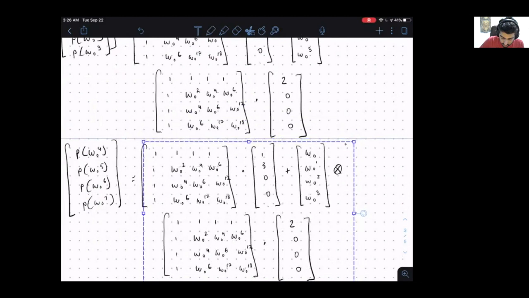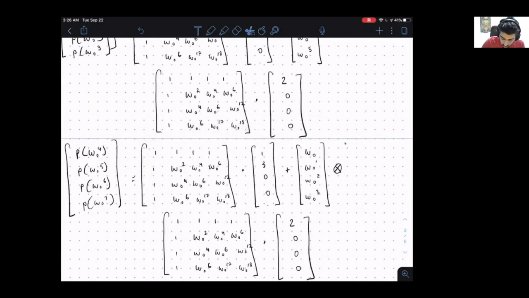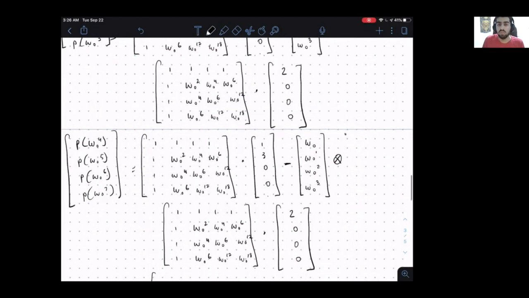This is the exact same computation, except I'm just putting in a minus sign here, since I'm subtracting the product of our building block matrix with the odd elements.